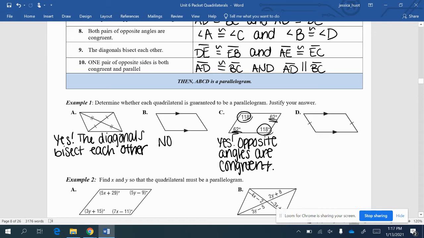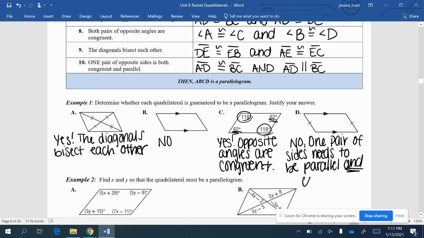For D, no, this is not true. One pair of sides needs to be parallel and congruent.